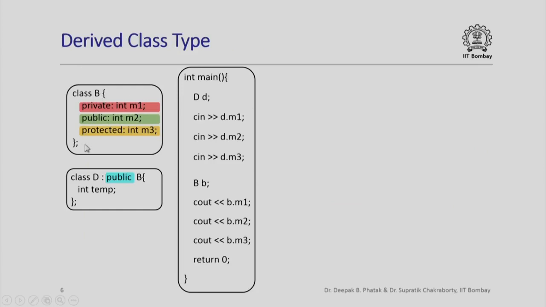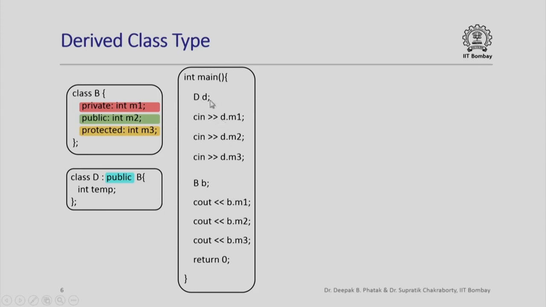Now let us take a slightly closer look at this through some examples. Here is our class B, which we have seen earlier, and let us say D is derived from class B in the public mode, and within this I have another data member which is of this derived class D called temp. Now I have a main program like this.